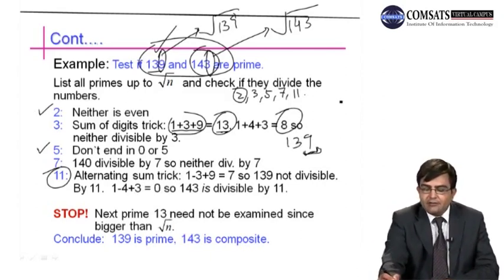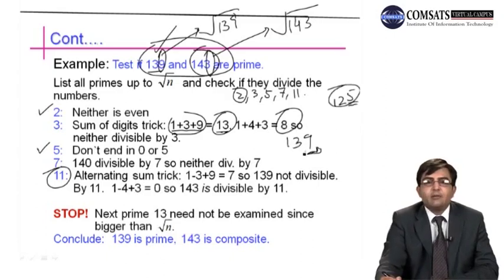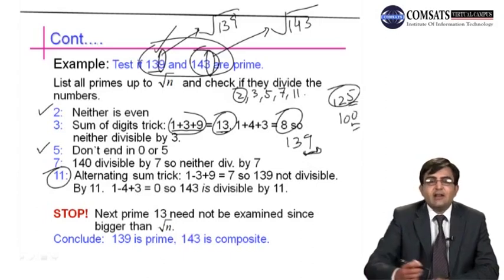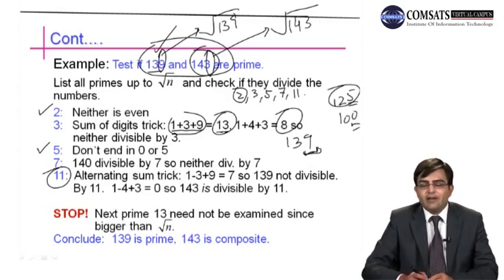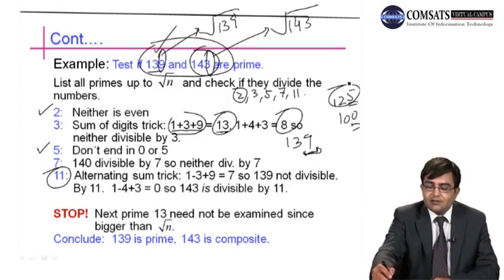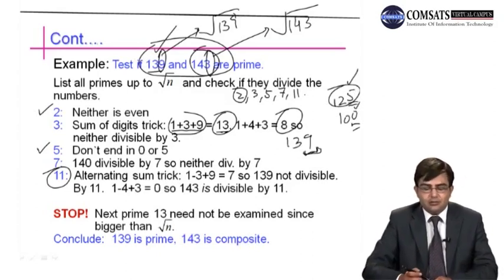For example, 125 ends in 5, so this number is divisible by 5. 100 has 0 at the end, so this number is divisible by 5. So only those numbers in which the last digit is 5 or 0 are divisible by 5. In the given numbers 139 and 143, the last digits are not 0 or 5, therefore these numbers are not divisible by 5.